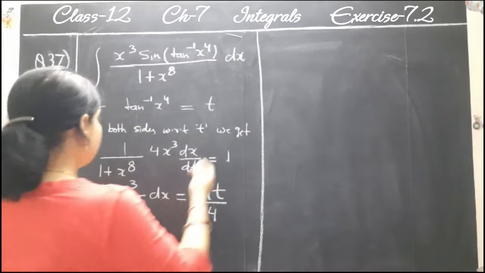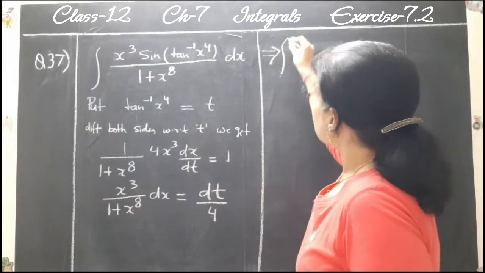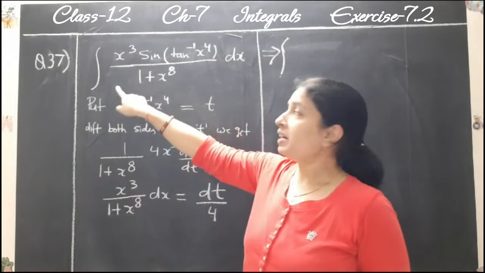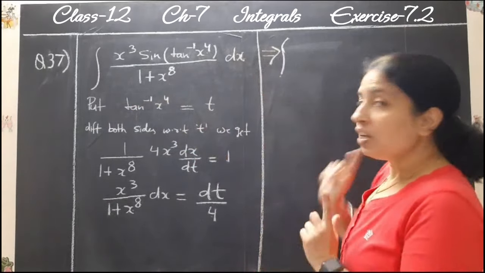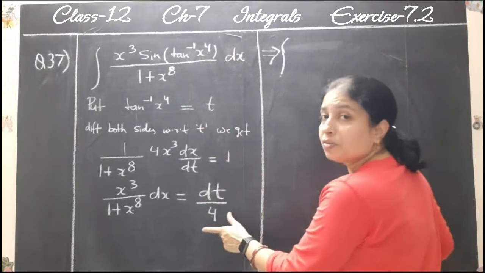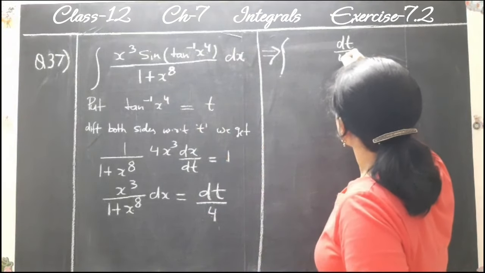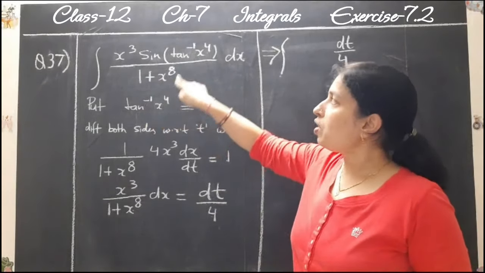Now we can write our integral as it is. Look here, this one. So in place of x cube divided by 1 plus x to the power 8 dx, we will write dt by 4 only. So write first this dt by 4. And this one is t, tan inverse x to the power 4 is t.